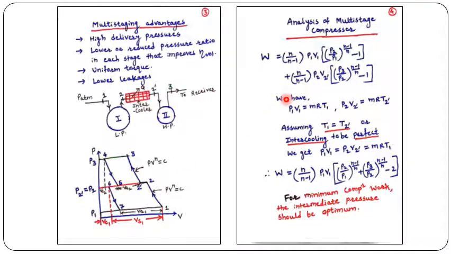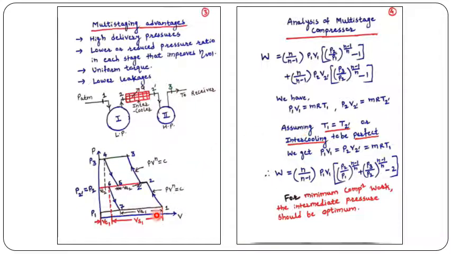Now, let us assume some things which will simplify our analysis. So, we have P1 V1 equal to MRT1, and P2 V2 dash equal to MRT2 dash.